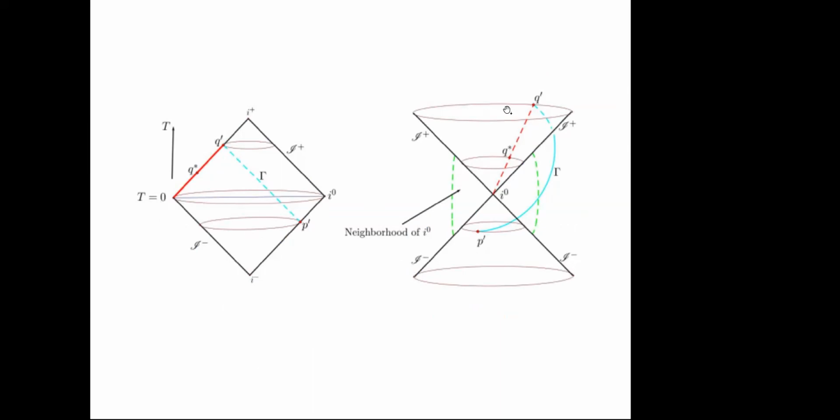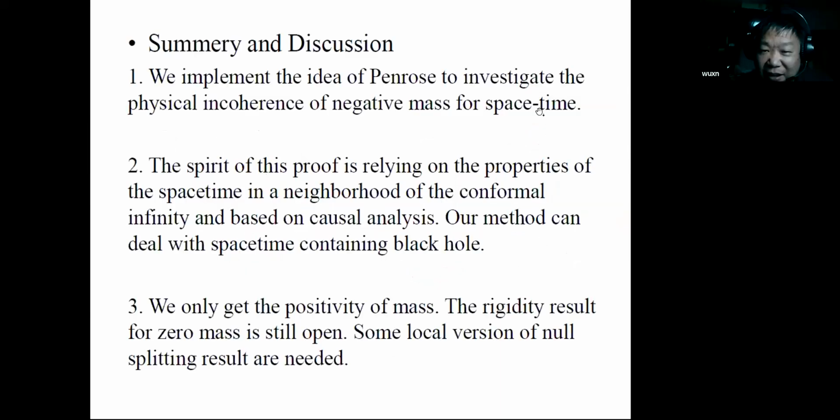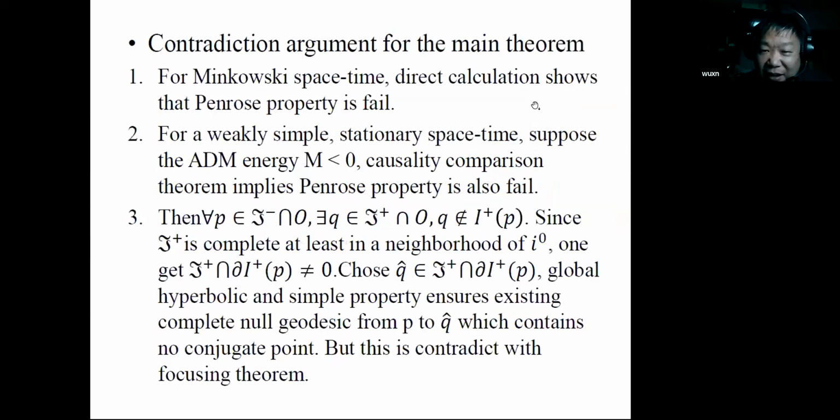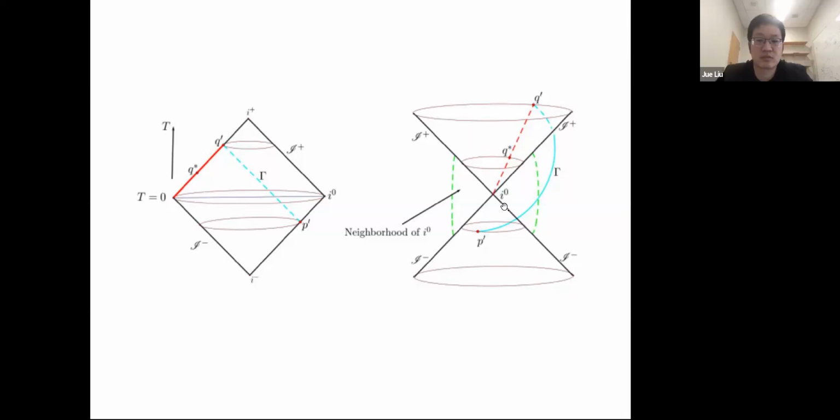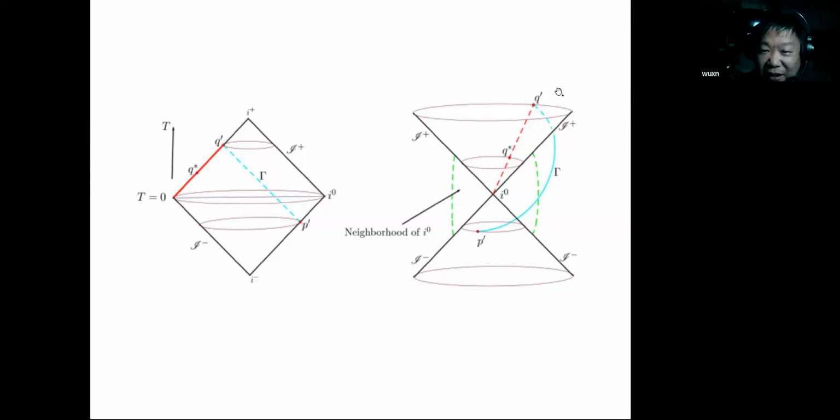Maybe I haven't explained where the boundary is. I mean that it's just the boundary of the I plus of the P, intersected with, for example, the section of the future null infinity where the P prime belongs. That means that for Minkowski, you will know that the P prime cannot be connected with the Q prime because the P and the Q are just in the antipole positions.